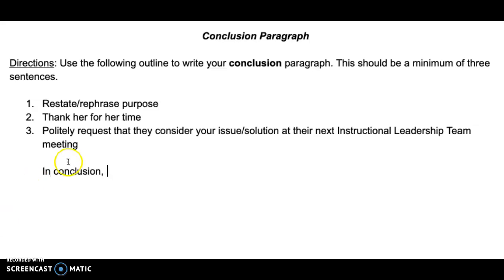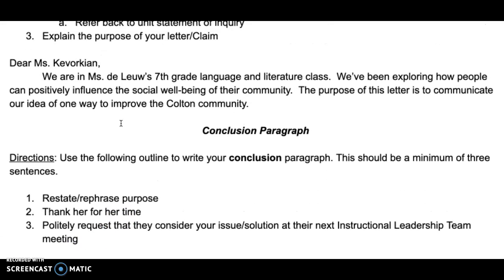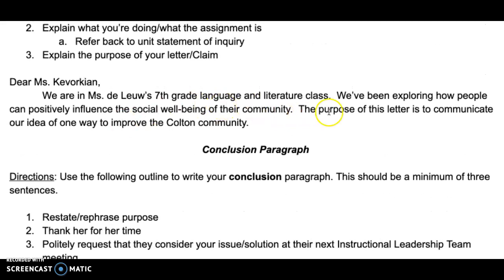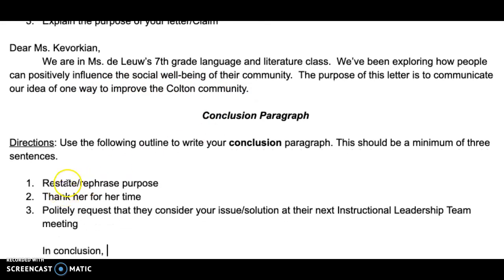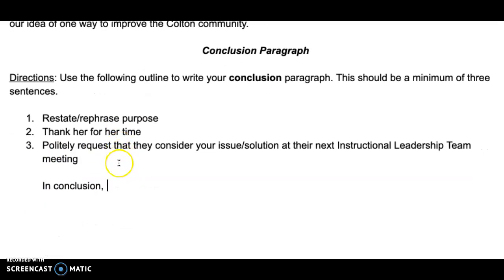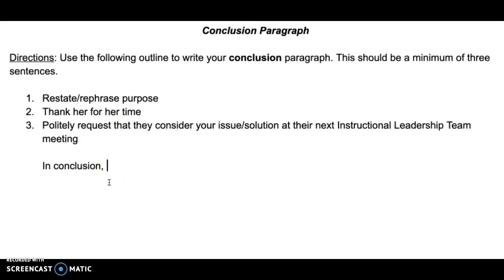And I need to restate or rephrase the purpose or claim. So I'm going to come back up here and check out. It was to communicate the idea of one way to improve the Colton community. And I don't want to write the exact words because I'm saying restate or rephrase. So I'm going to switch up the words, saying essentially the same thing though.